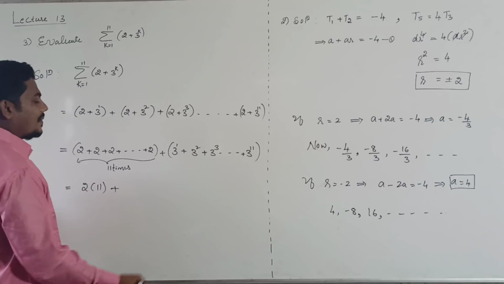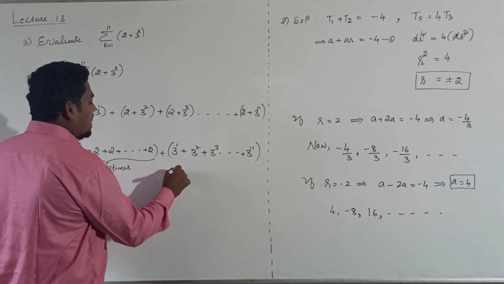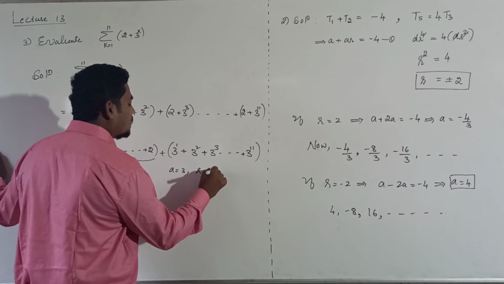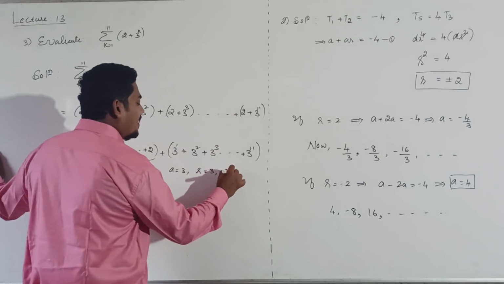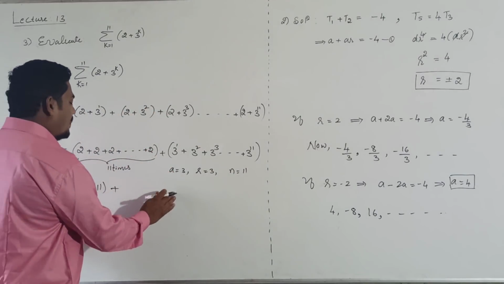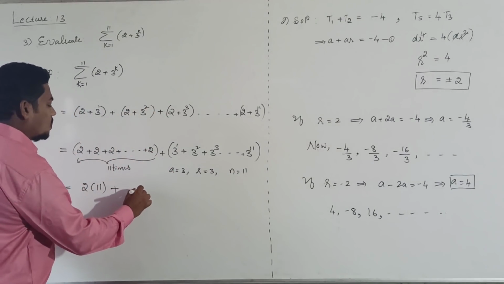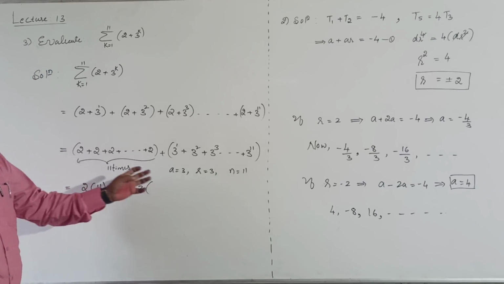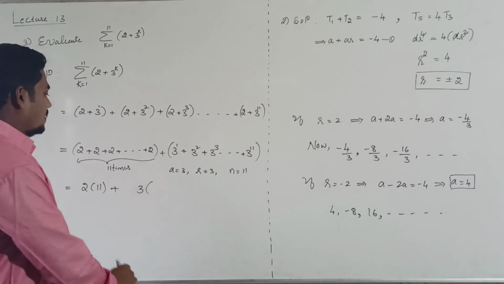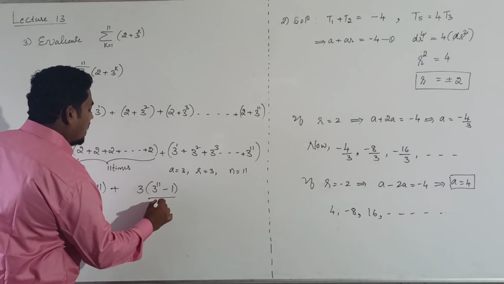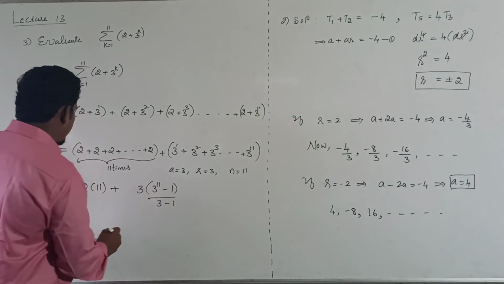In this case, apply the Sn formula. a is equal to 3 and common ratio r is also 3. The number of terms n value is 11. Now apply the Sn formula: a into, in this case r value is more than 1, so 3 power 11 minus 1 divided by 3 minus 1.